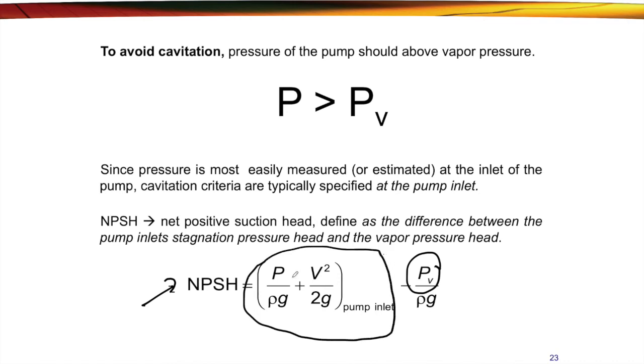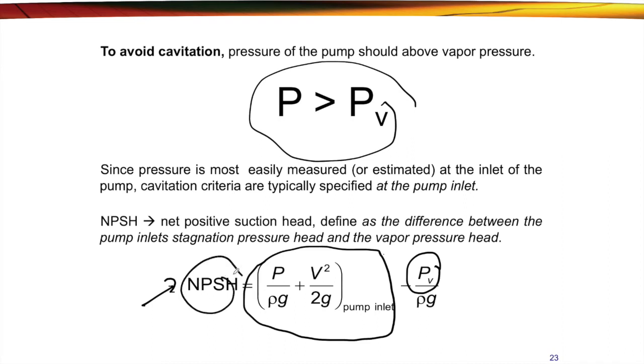Do not use other information in order to determine whether cavitation occurs in the pump or not. We will use this NPSH. I will explain how to derive the equation and substitute into it. Remember, please memorize this equation, NPSH.